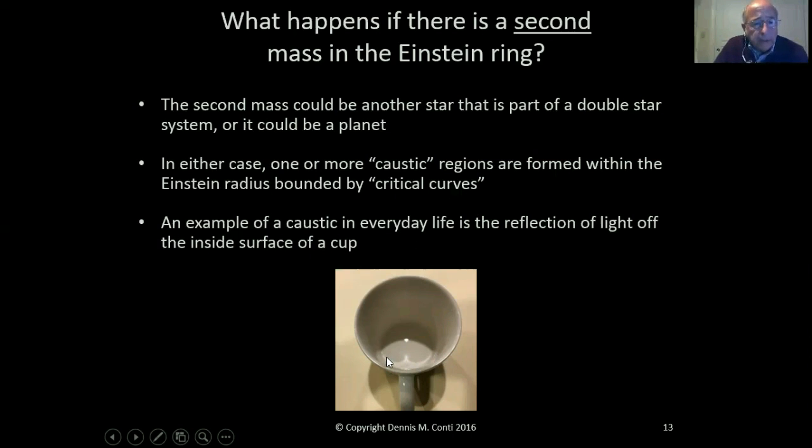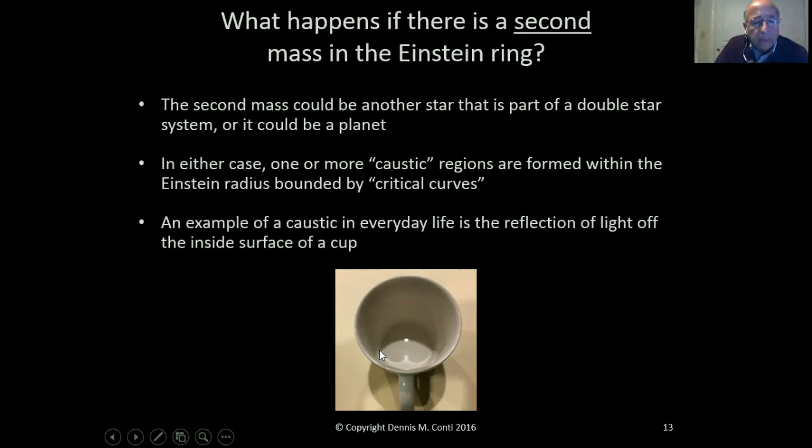In very much the same way, it doesn't have to do with light, it more has to do with gravity, that if there's a secondary object, what is formed is a caustic region in the Einstein ring. And we're going to see that in a second.